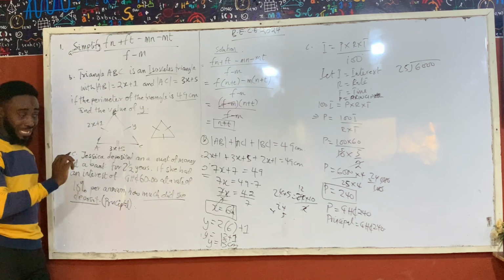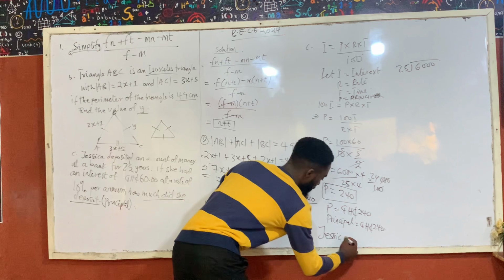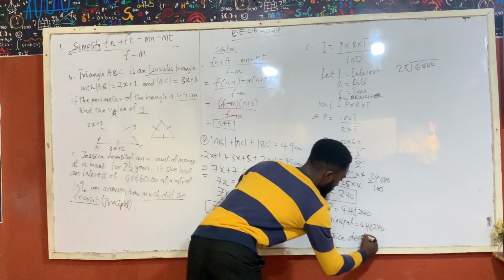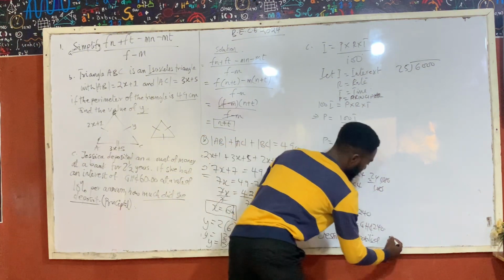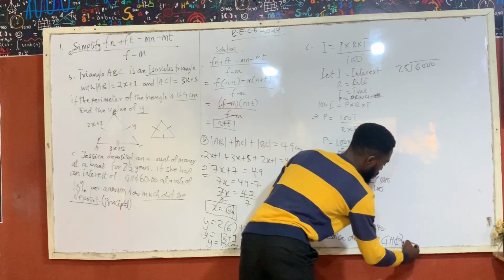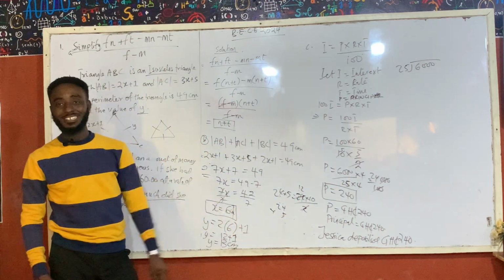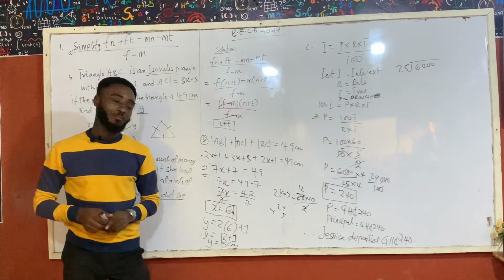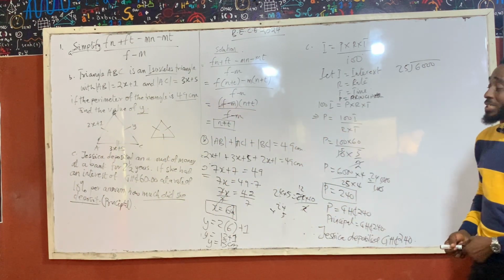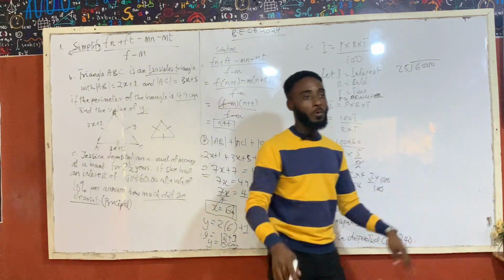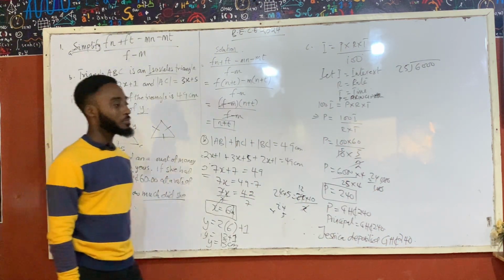So you now finally write under your work: therefore, Jessica deposited Ghana cedis 240. Then we know that this person is a serious student. You can get the mark. But those ones who do not write all of this, then come back and complain. So I wrote it to you, you want a clean sheet. Okay, we are done with this question. That's fine.